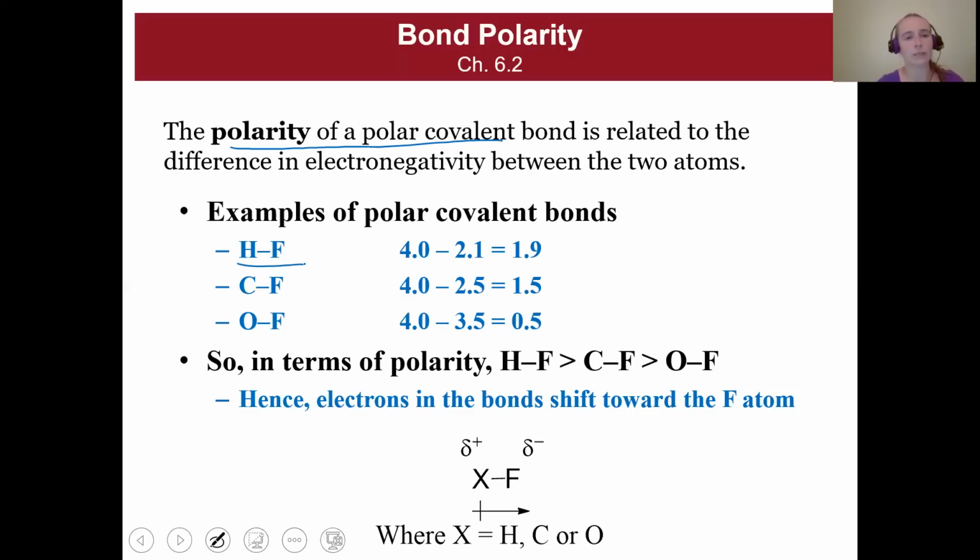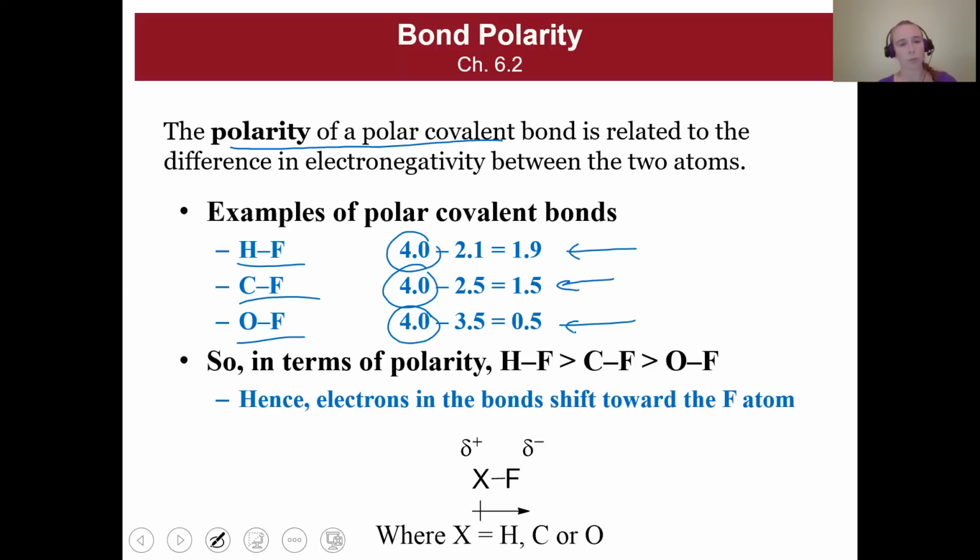If we look at HF, CF, and OF bonds, we can look at the difference in electronegativity. Fluorine is 4.0, so it's the same for all three, but hydrogen is 2.1, carbon is 2.5, and oxygen is 3.5. So the differences are 1.9, 1.5, and then only 0.5. When it's between 0.5 and 2.0, they are polar covalent bonds.